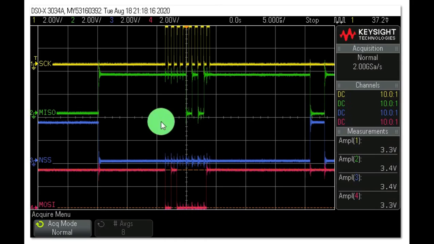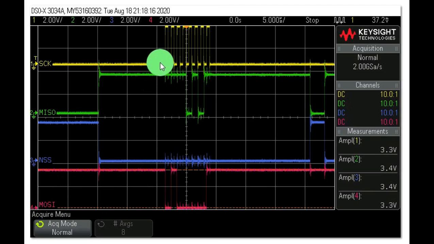So you can see here, this is low, and after some period of time you can see there is a clock. If you count these clocks, these are 8 clock pulses. And in the clock you can see this data. You can see the master is sending something to the slave device on the MOSI pin.